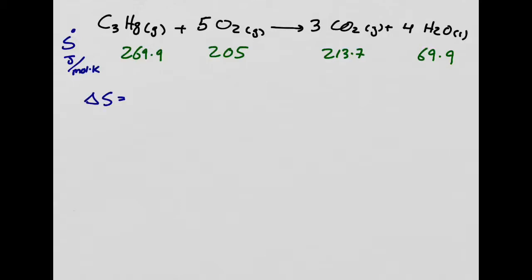You remember how we figured the delta H of the reaction? It was products minus reactants using delta H of formation. The delta S is exactly the same thing: products minus reactants. You can pause me and do this and then check your answer. So the carbon dioxide is 213.7 joules per mole Kelvin.